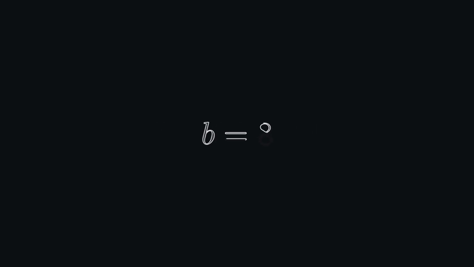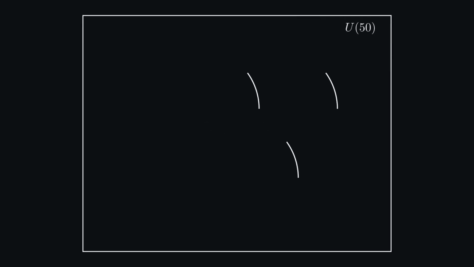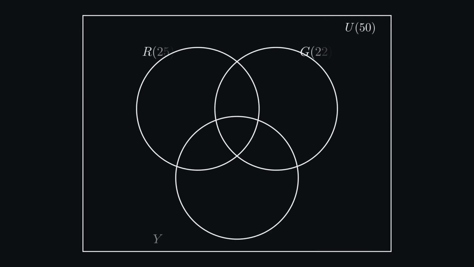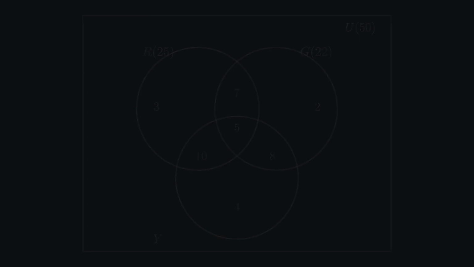This gives us 8 girls who liked only green and yellow. Now we have completed the Venn diagram.